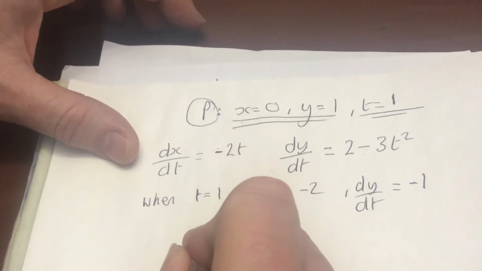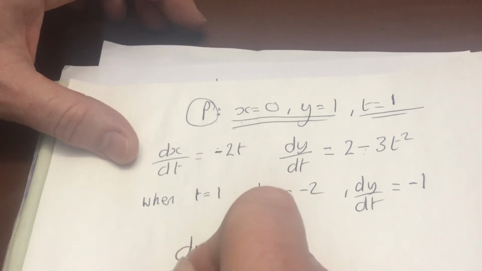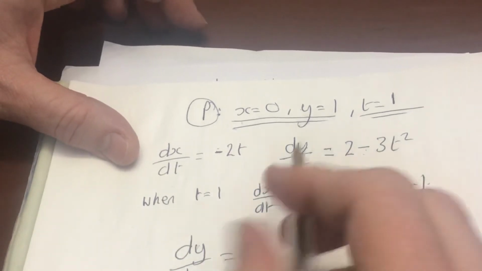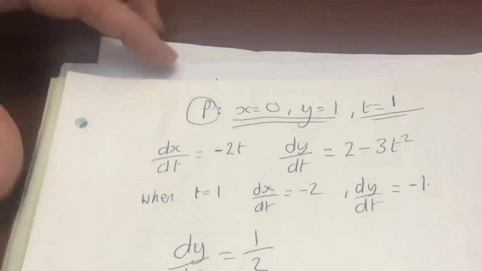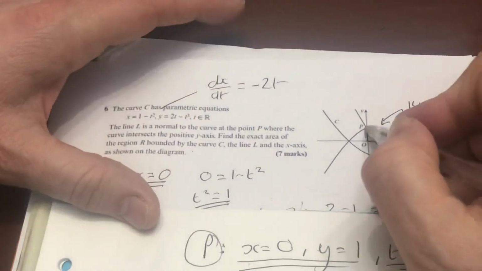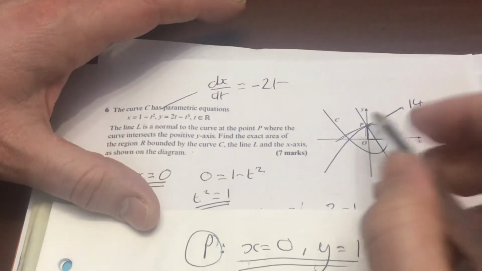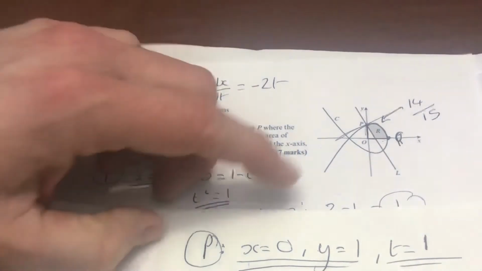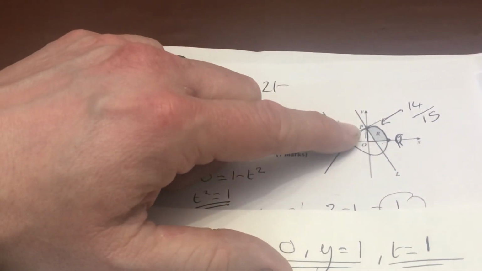So we've got dy/dx is that over that, which is a half. So we know that if I had a tangent there, that gradient would be a half. So the gradient of that normal is going to be negative 2.